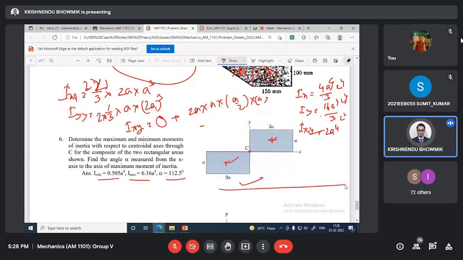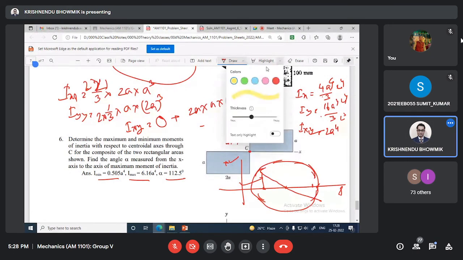Now if I draw the Mohr circle, this is the I. This is IXX, which is 4 A power 4 by 3. IYY is this, the higher value, 16 A power 4 by 3, and IXY is 2 A power 4. If you have this center, draw one more circle like this.